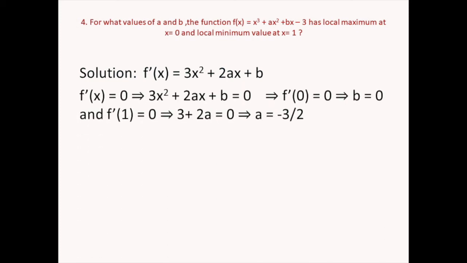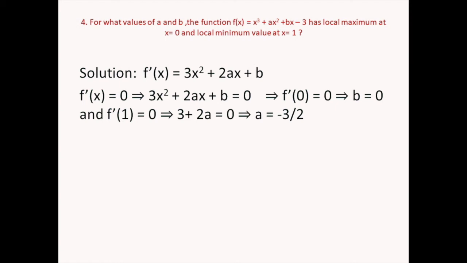So now I am calculating f dash x, which comes out to be 3x square plus 2ax plus b. And then putting it equal to 0, I get 3x square plus 2ax plus b equals 0.